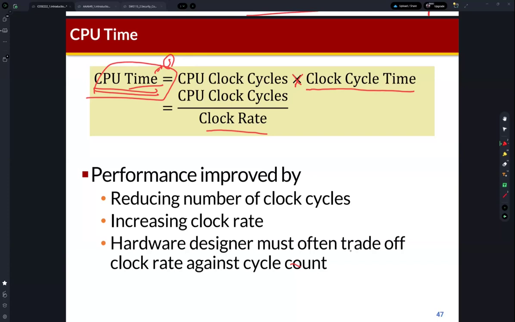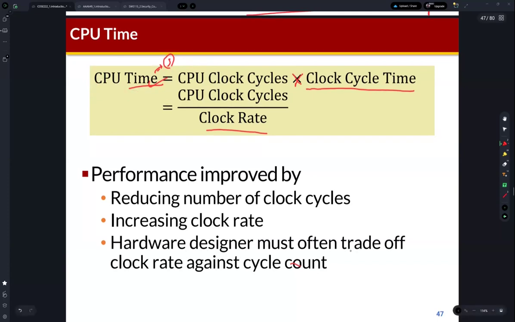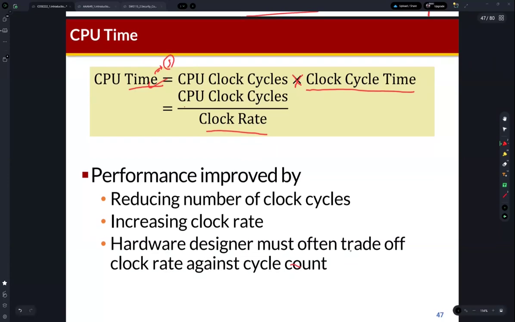The CPU time is defined as the number of CPU clock cycles divided by clock rate. In order to increase the performance, we need to reduce the CPU time, right? Because the performance is the inverse of response time. So how can you reduce the CPU time?